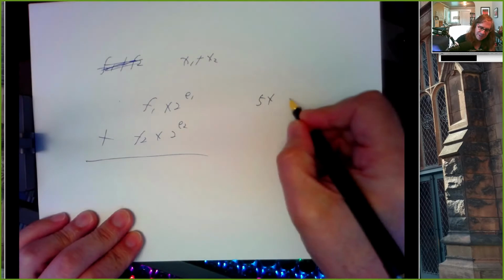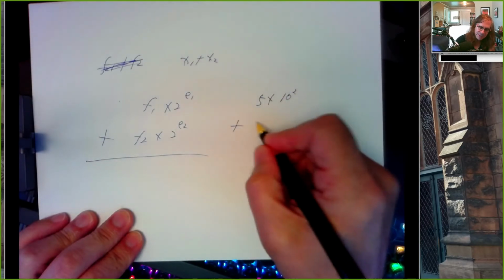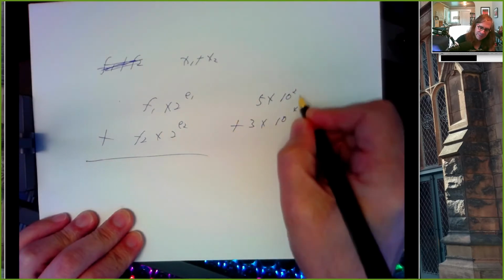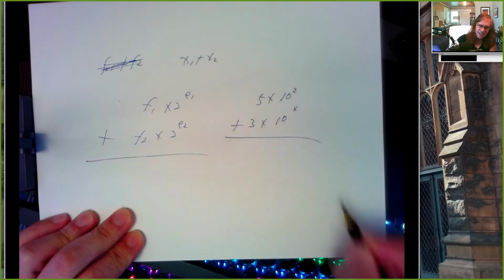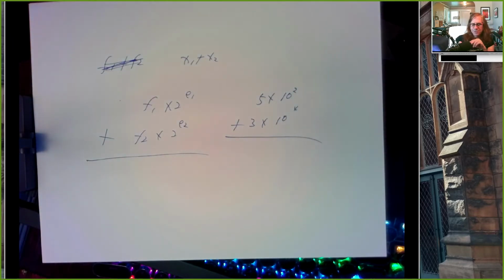So 5 times 10 to the 2 plus 3 times 10 to the 4. Can I add those directly? I don't think you can, because in algebra, you wouldn't combine like terms of different exponents, right? Yeah.